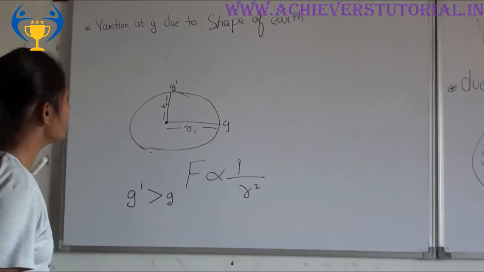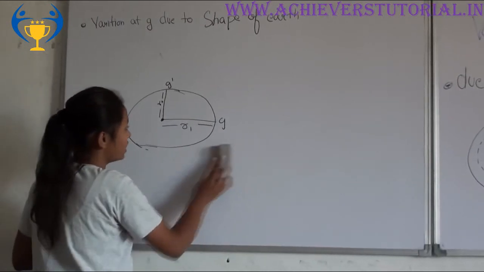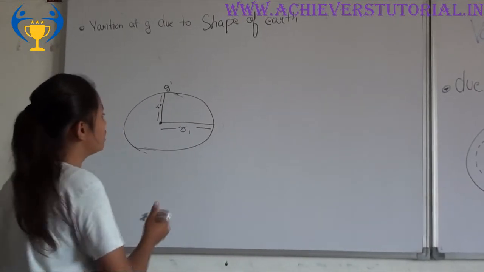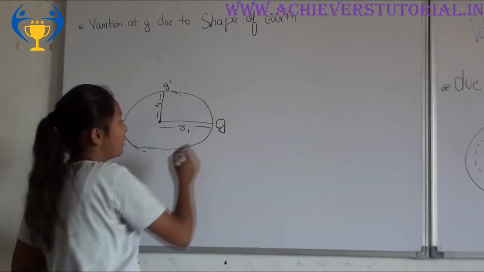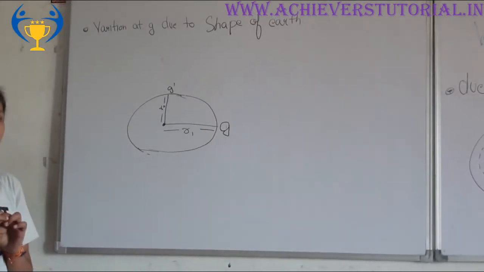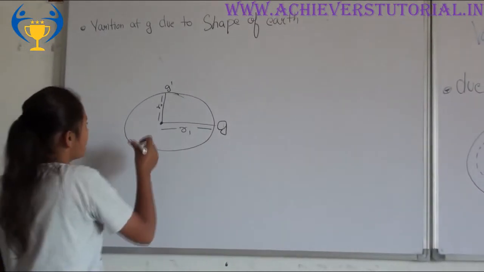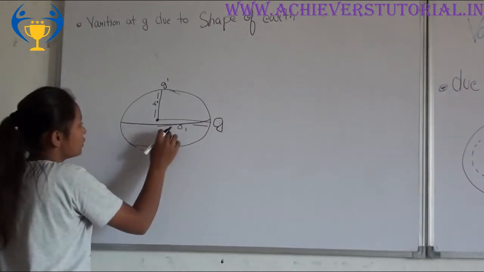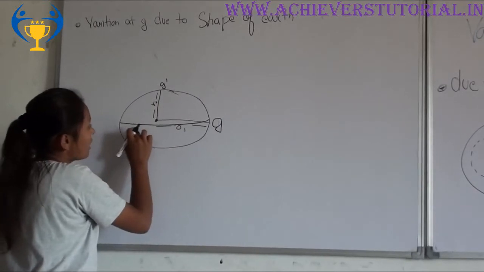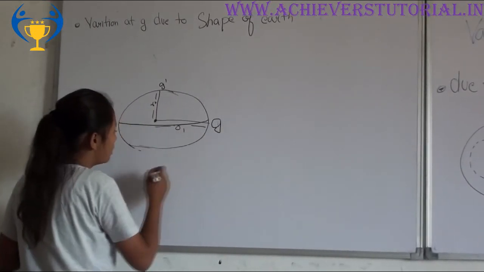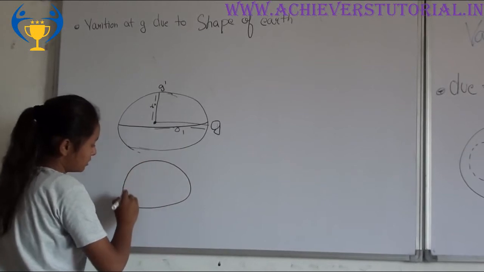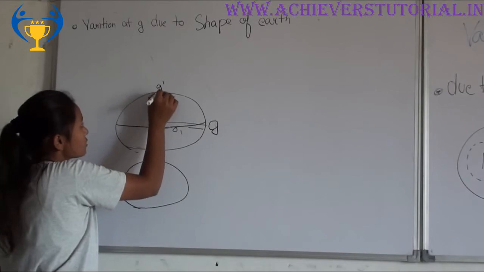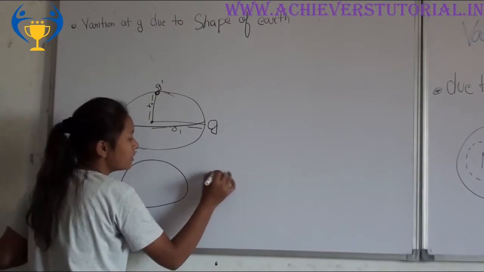There is another variation due to rotation. As we know, our Earth rotates, and by rotation we get our day and night. Rotation creates a centrifugal force at the equator, where it rotates in a long circle, while at the poles it rotates in a small circle which is negligible.